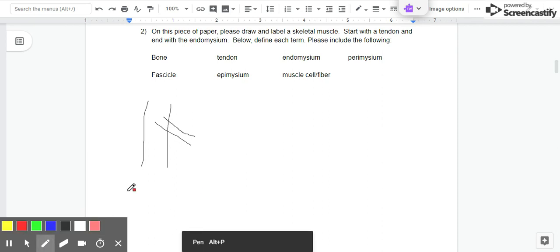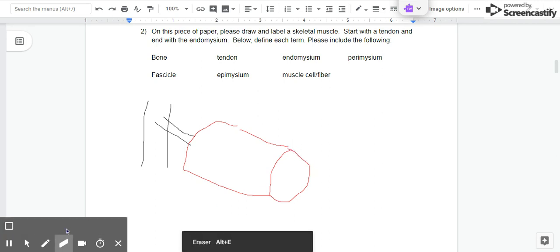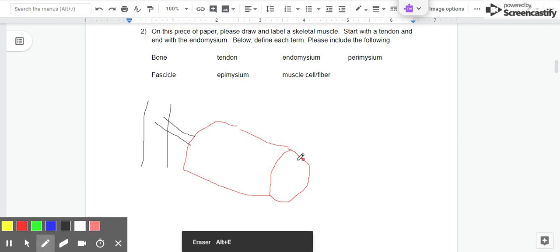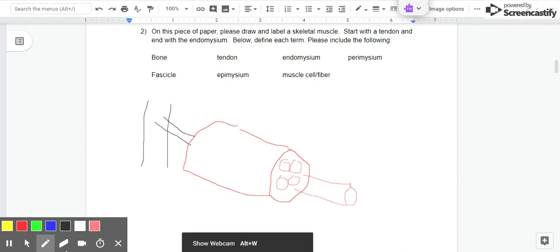And then if we draw the cross section of skeletal muscle out like this, that's a circle, and then we see other circles inside of this cross section, which are bundles of skeletal muscles, and those bundles are called fascicles. So let's bring out one bundle. That would be a fascicle.